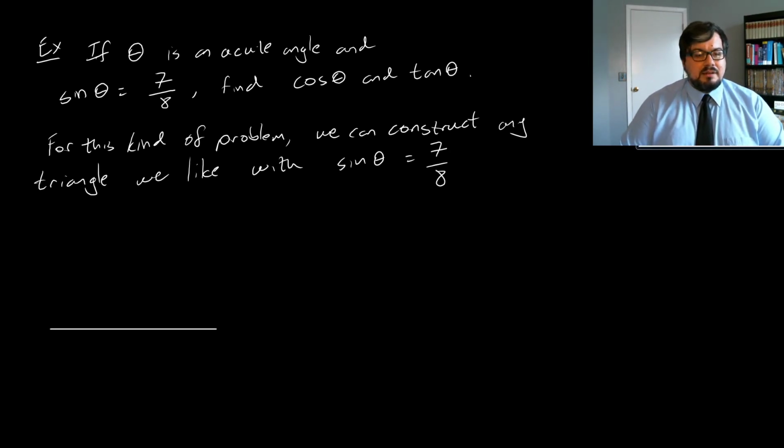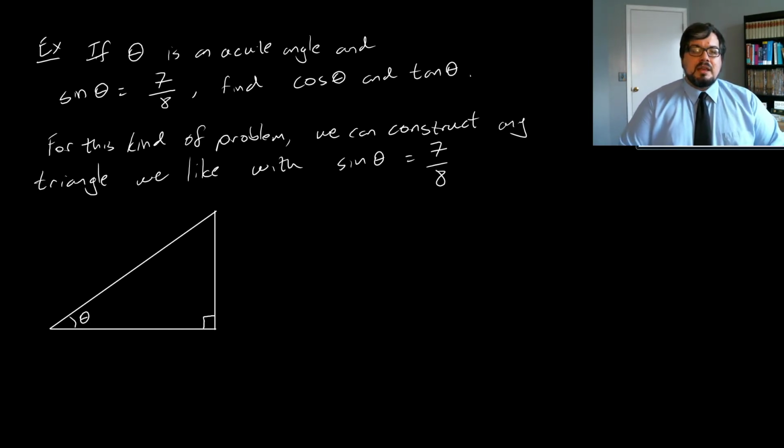So we can go ahead and construct a triangle here. We'll leave theta on this side. And now we know that sine is equal to opposite over hypotenuse.